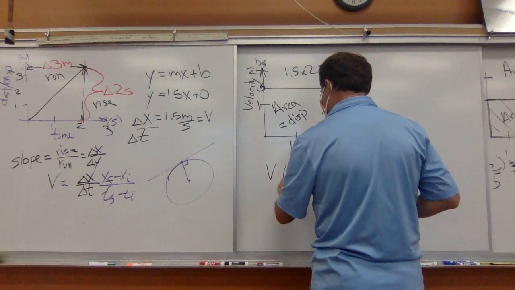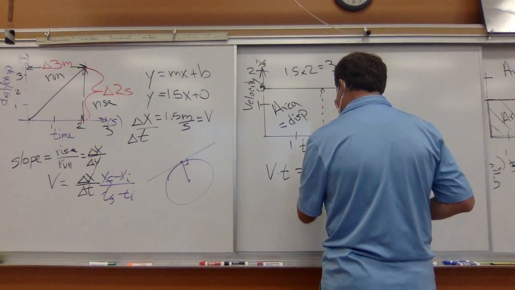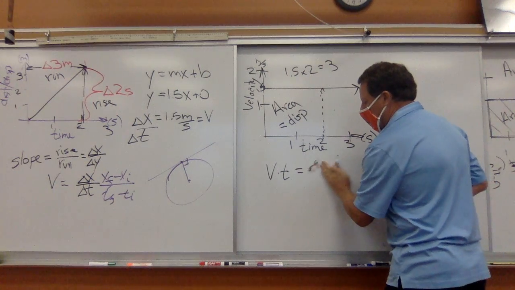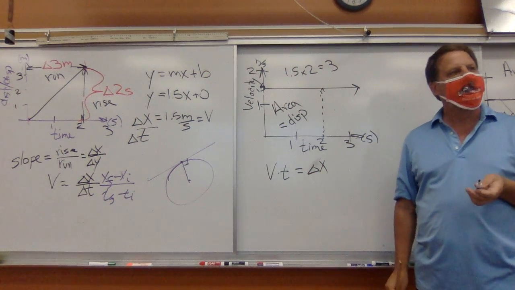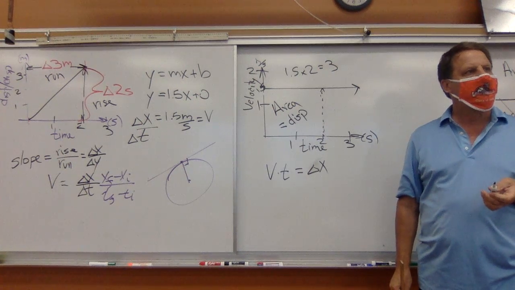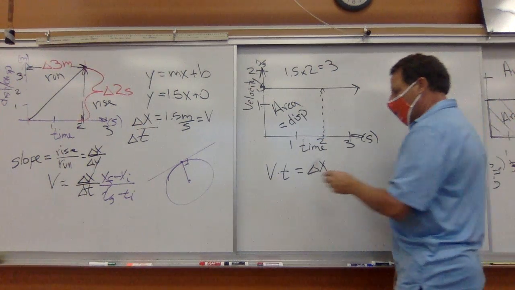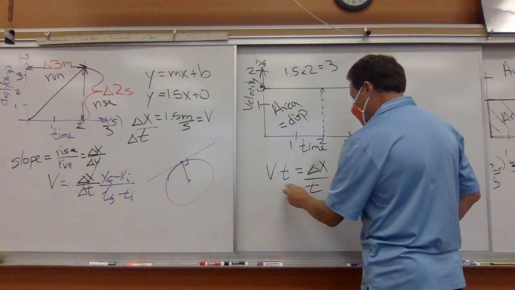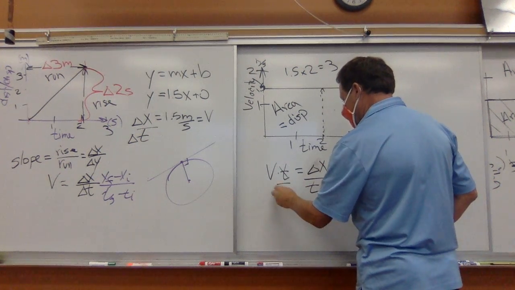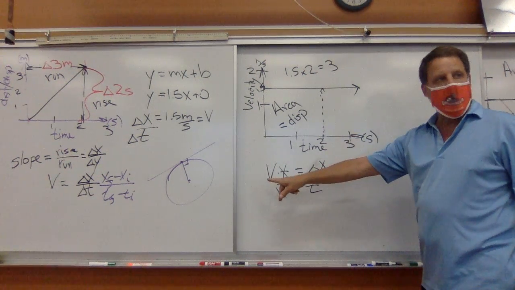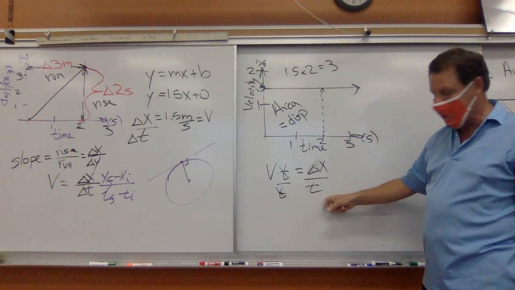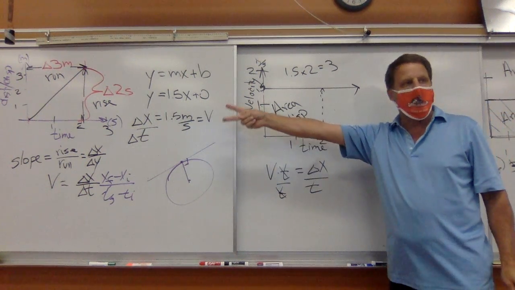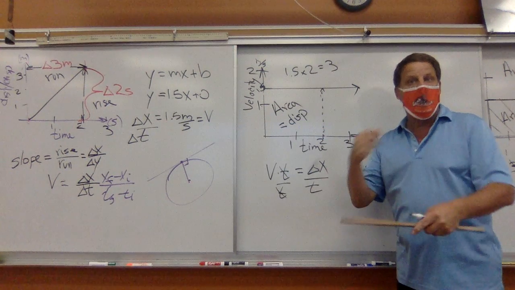Velocity times time is equal to displacement, and we will call that delta x. Now, if we divide both sides by t, then we have velocity is equal to the change in position over time, and that's the same equation that we had over here.